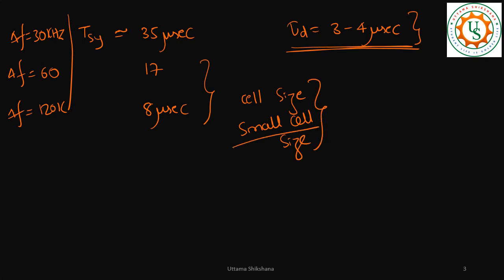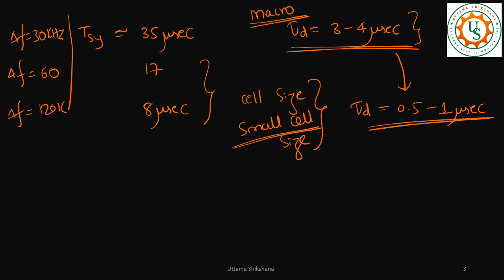For small cell applications, tau d is actually smaller, approximately 0.5 to 1 microsecond, so it is less compared to this. The earlier case is for a macro base station or larger cell. In 5G, we mainly use higher frequencies, or millimeter waves.